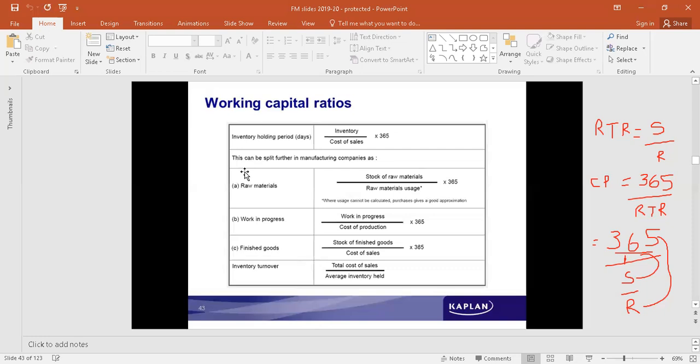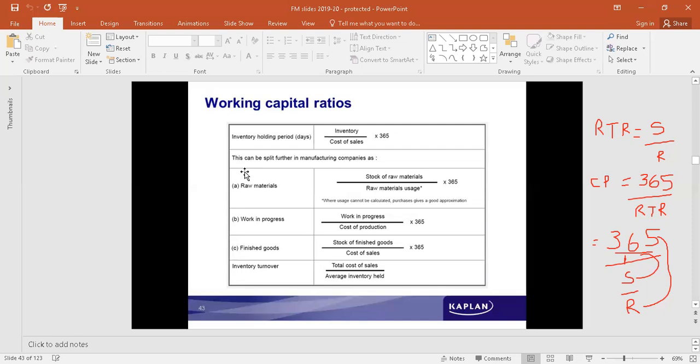These formulae can be further split in manufacturing companies. Inventory could be in raw form, semi-finished form, or finished form.